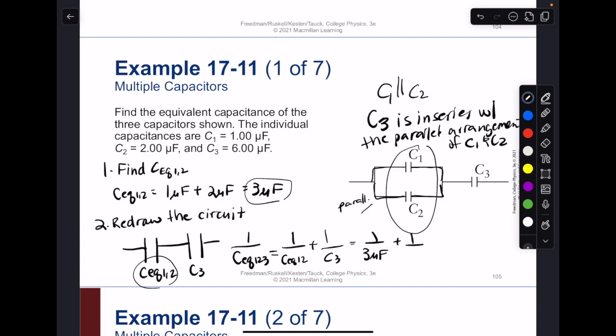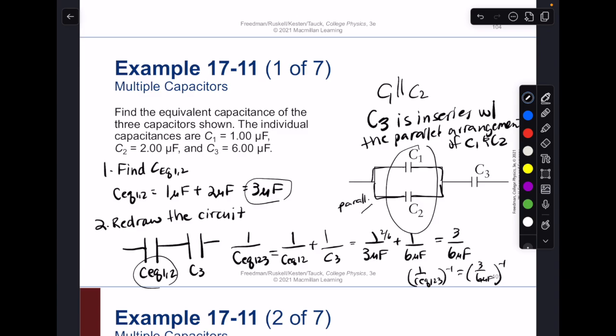And then C3 is 6. And so we add those 2 fractions together. This is basically 2/6, right? So we get 3 over 6 microfarads in the denominator. Now I want to do 1 over C equivalent 123. I'm going to inverse that. I'm going to inverse this side.